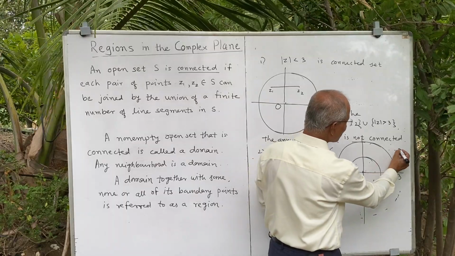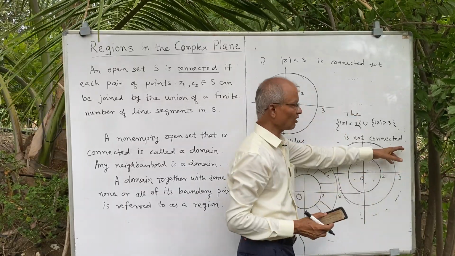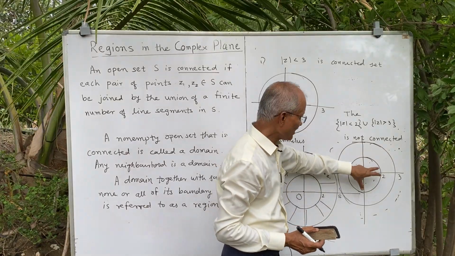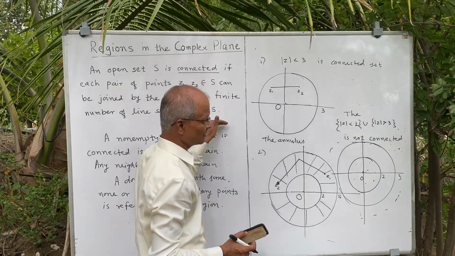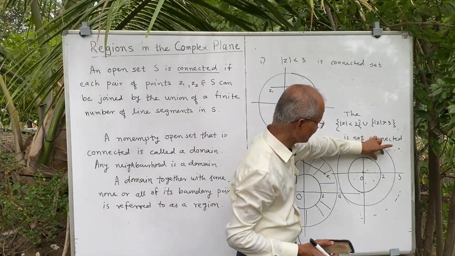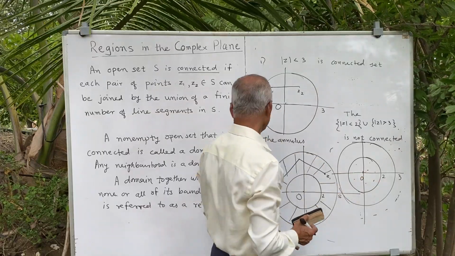Therefore, if you consider one point here and another point here, these points cannot be joined by a finite number of line segments entirely in this set, because this portion is not included in the set, and this is not connected.